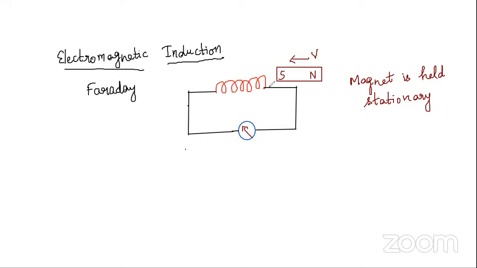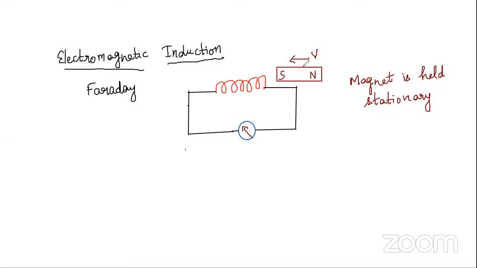Because now the south pole is moved towards the coil, that means the induced current flows in the other direction. So that is detected by the galvanometer as shown by deflection in this direction. And when you move the south pole away from the coil, then the deflection will be in the opposite direction.